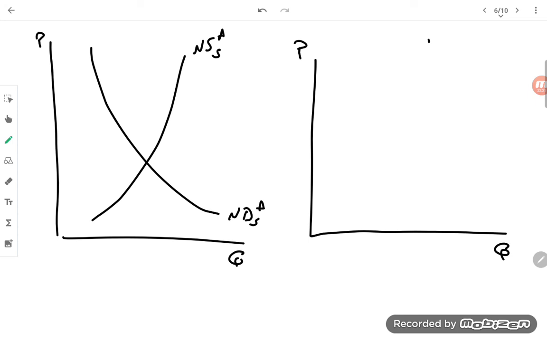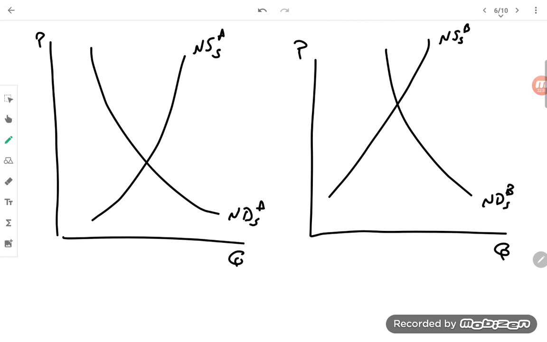The same for country B. In this case, the point of intersection of demand and supply will determine the autarky price in country A and the autarky price in country B. So both demand and supply determine the autarky price.